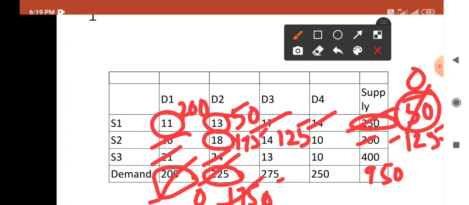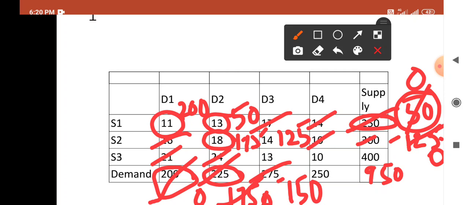So 125 minus 125 is 0. 275 minus 125, the remaining is 150. Now S2 row becomes 0. The other element in that row is cancelled.